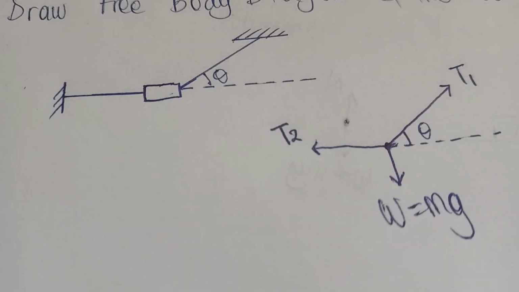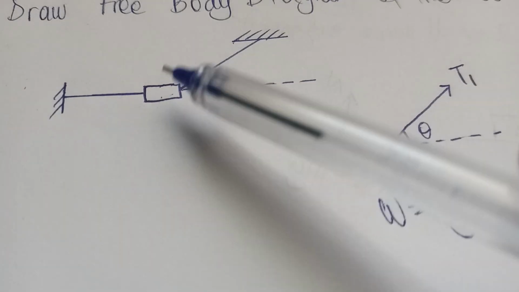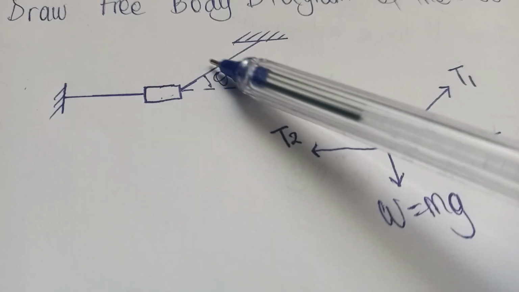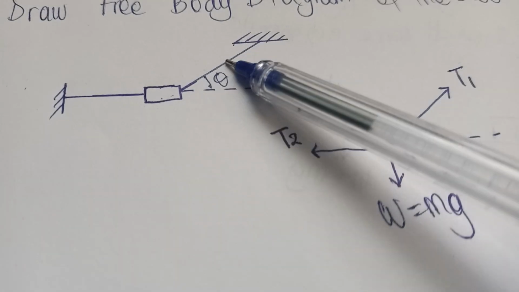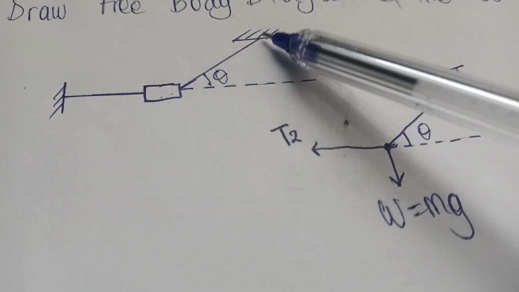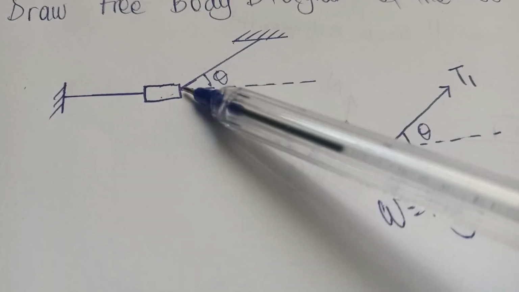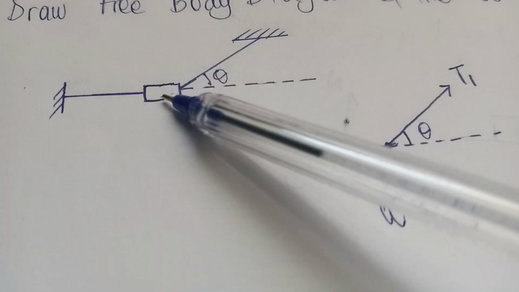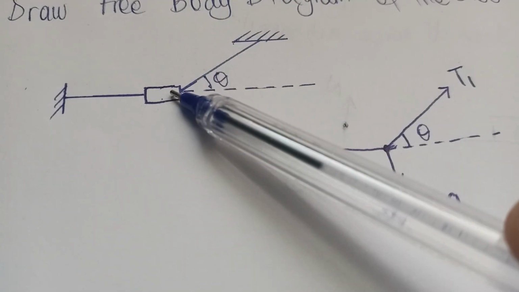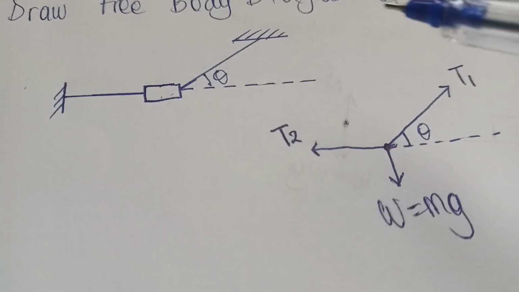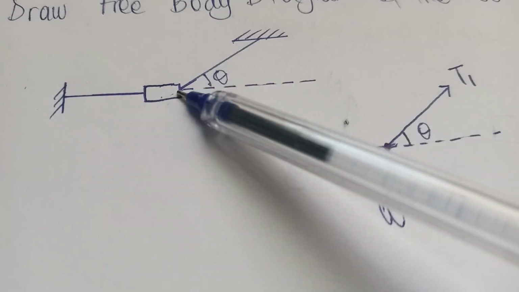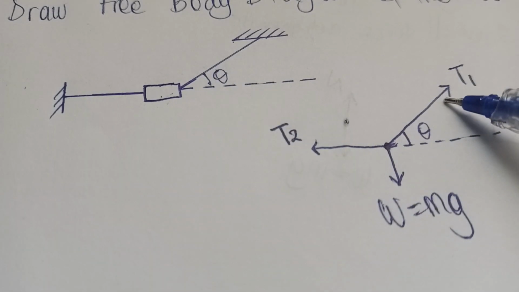So it's all about perspective, where you view things. If you are here, you feel this string is pulling you upwards towards the roof. But if you're here, you feel it pulling you downwards towards this mass. So when you are taught the free body diagram of this block, you say this string is pulling this body upwards. That's why you say tension T1.